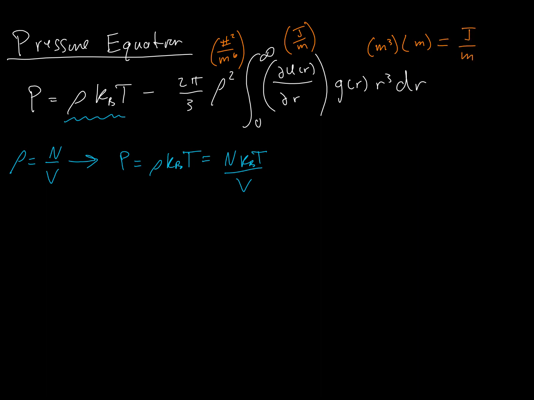Joules per meter cubed is what we end up with. A joule is a meter cubed pascal, divided by meters cubed, and we get units of pressure in terms of pascals. So units, okay on the pressure equation.